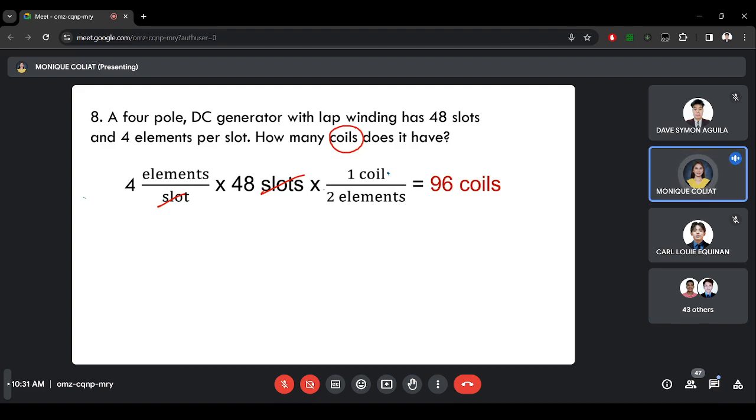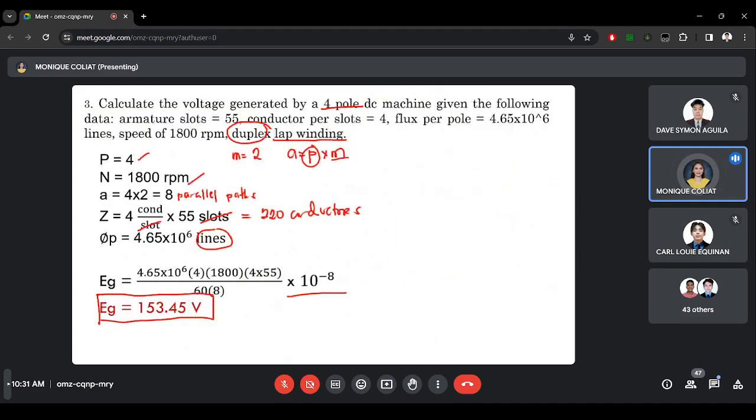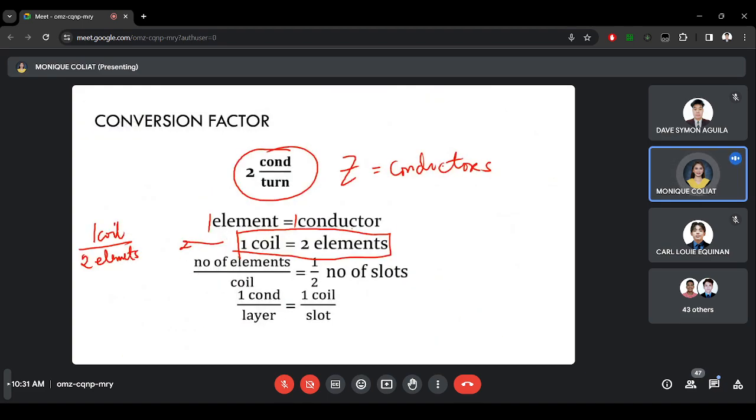This is one of the conversions I flashed kanina. So we have one coil per 2 elements, so we have to cancel elements. One coil equals 2 elements, so that means one half coil per element.